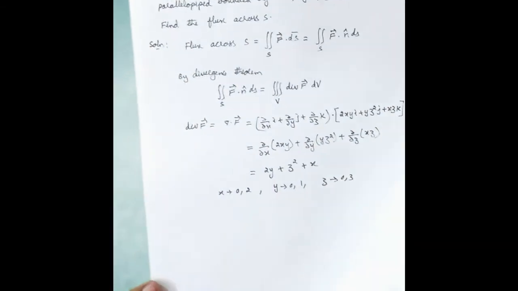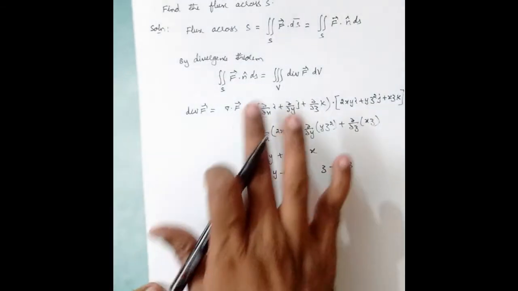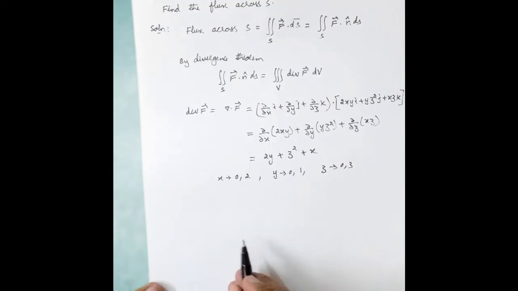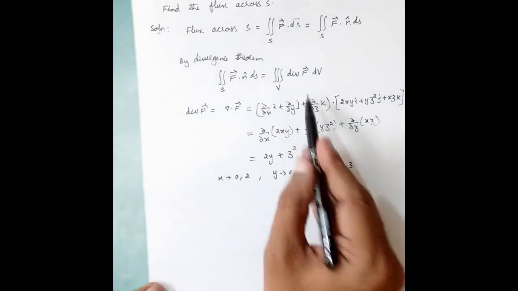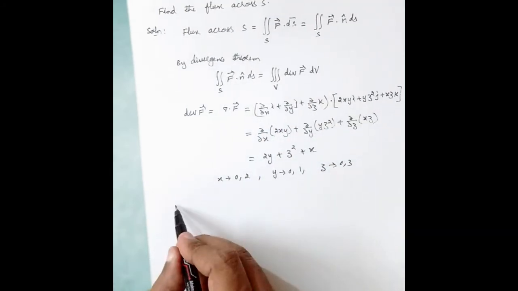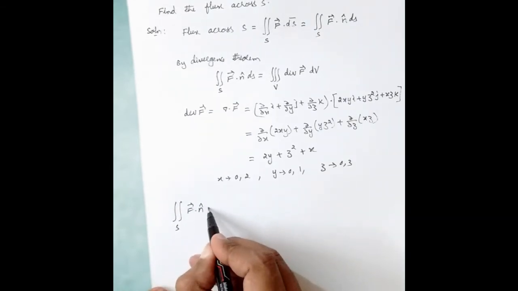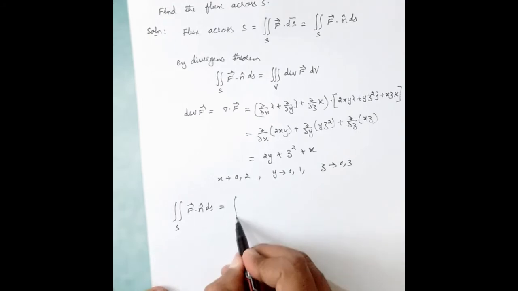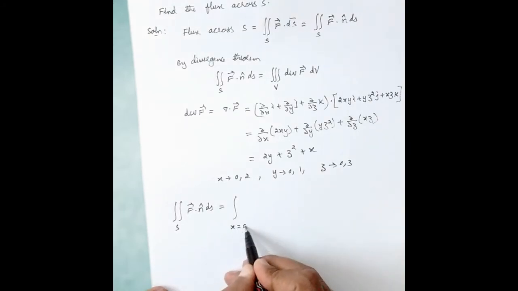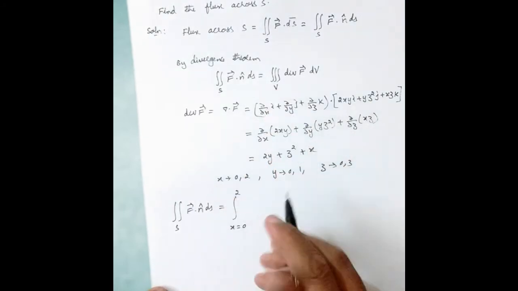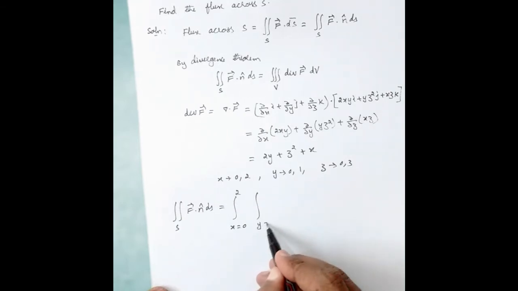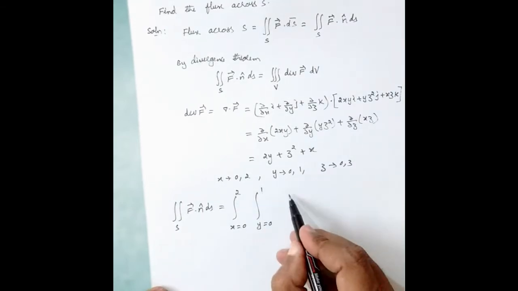So now if I try to use that in the divergence theorem over here, I can substitute this value back. We get the left hand side as it is, vector f dot n cap into ds, will be equal to the integral of x equals 0 to 2. Triple integral is there, so the second value will be y equals 0 to 1.